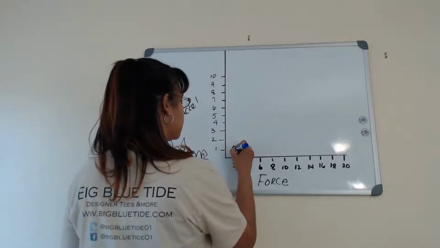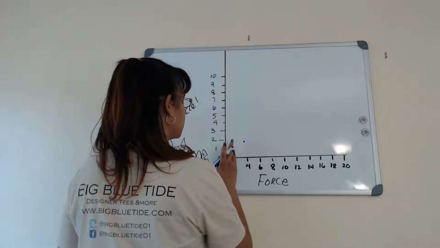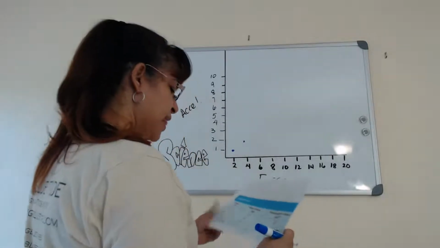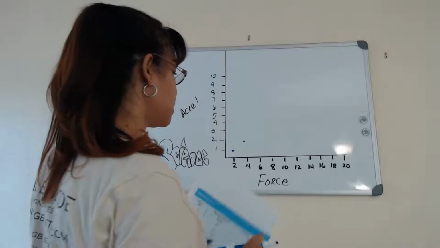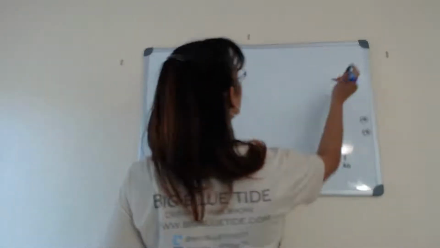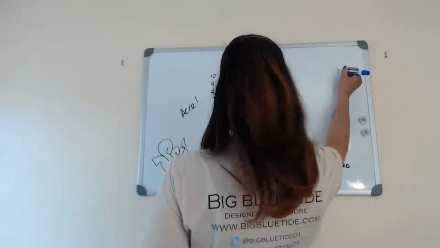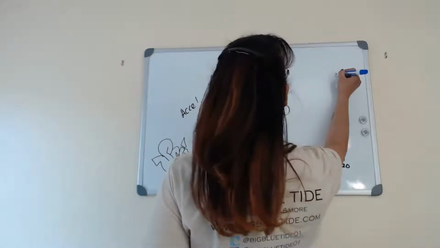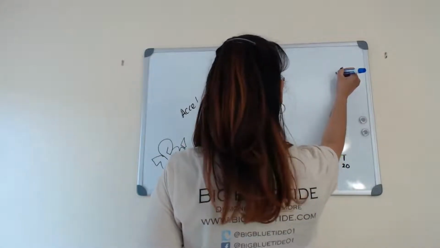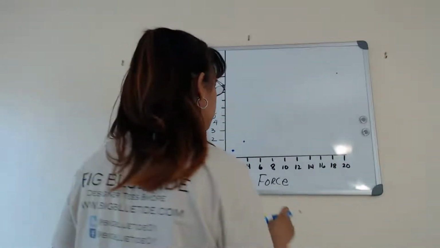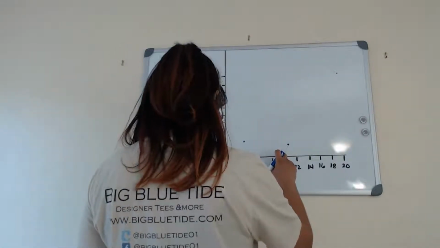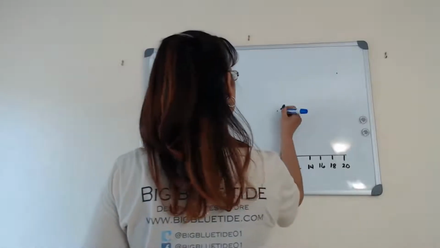So that's going to go here. The next one is a force of 20 newtons and an acceleration of 10 meters per second. So that is going to go way over here. And the last one is a force of 10 newtons, which is here, and 5 meters per second. So we're going to go here.